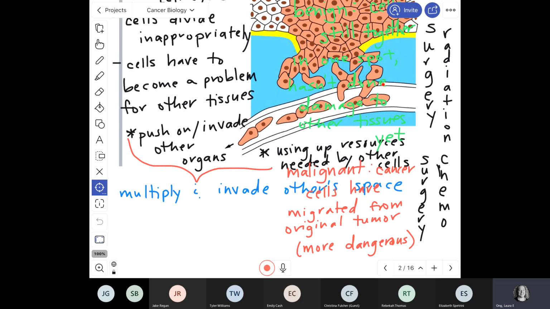I need to change what I wrote here about malignant, which is actually metastasis. Malignant just means that the tumor is causing harm either by pushing on other organs and or using up resources. Metastasis is migrating to new locations. So I'm going to go back and erase this, clarify that. Put in here metastasis. Let's go back and write malignant.